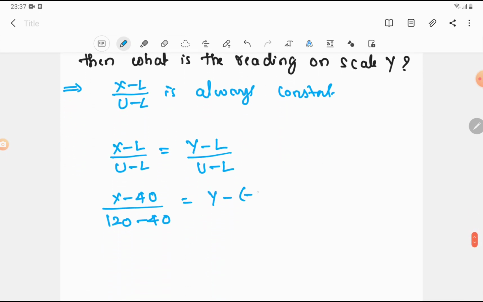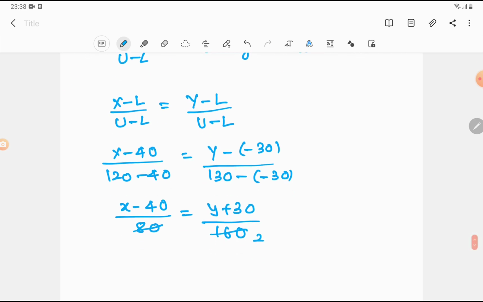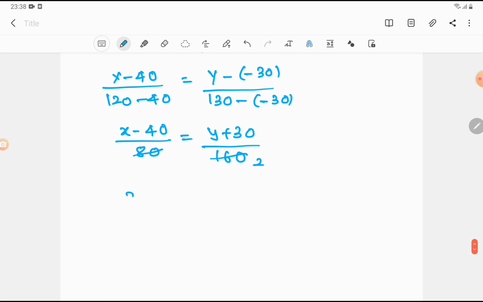So this is minus 30, 130 minus of minus 30. So (x minus 40) by 80 is equal to (y plus 30) by 160, because minus into minus is plus. So the relation will be (x minus 40) is equal to (y plus 30) by 2.